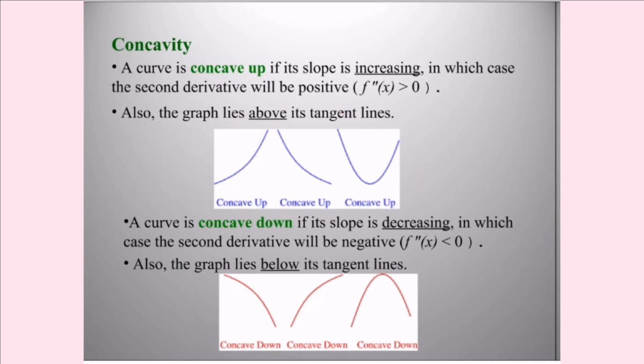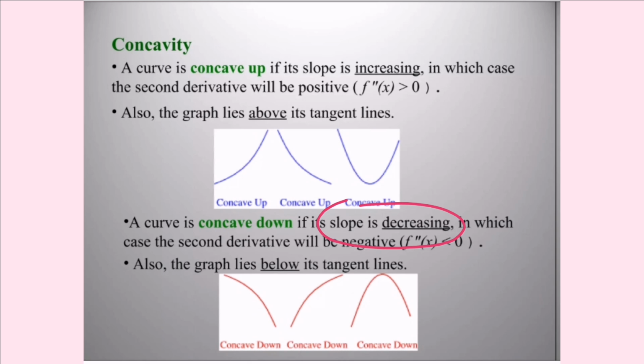Now, concave down function. A curve is concave down if its slope is decreasing. Means in case of concave up, the slope will be increasing, but in case of concave down, the slope will be decreasing.